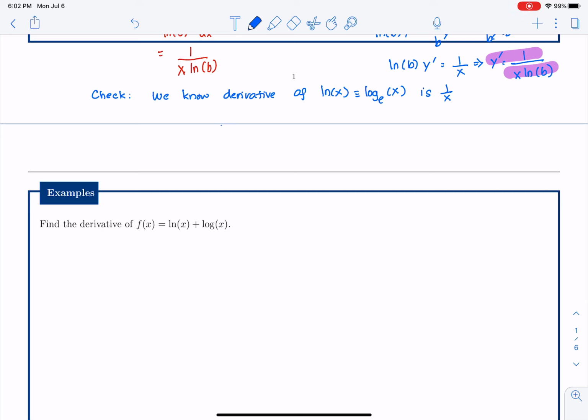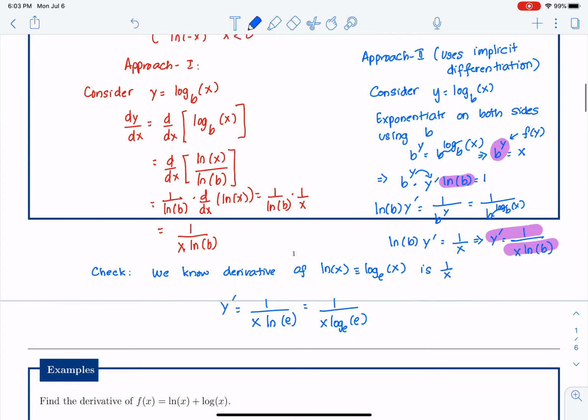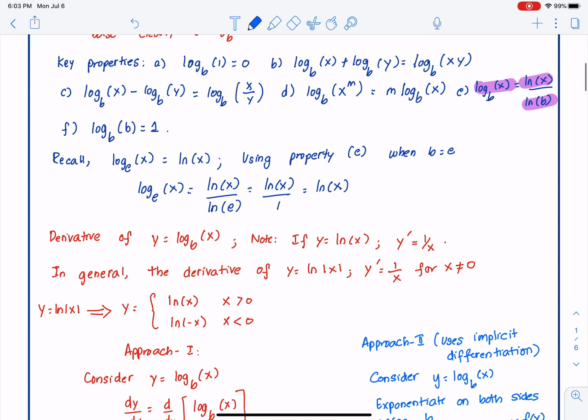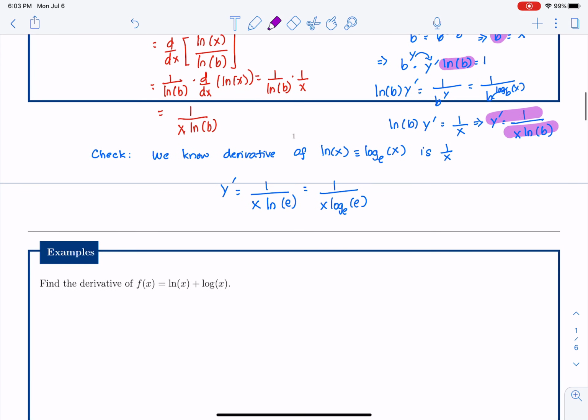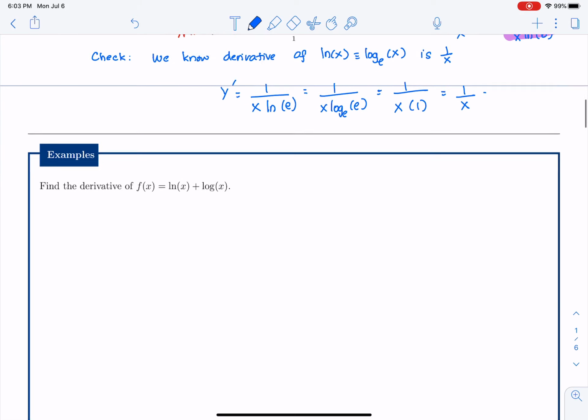So I would have y prime equals 1 over x times ln of e, but we know ln of e is log base e of e, and we know log base b of b for any base b is 1. So we will have x times 1, which would give us 1 over x. And that is the derivative.